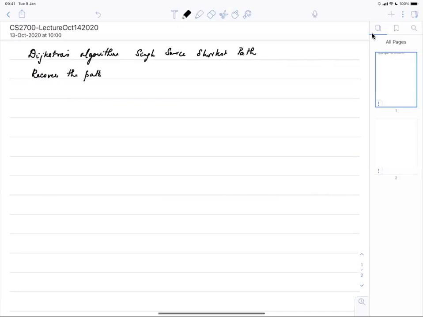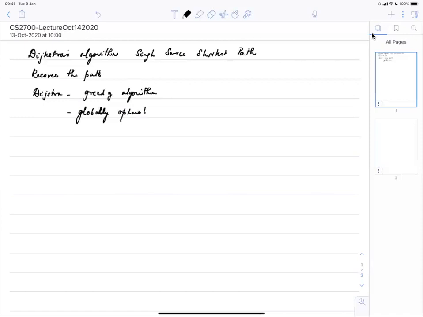And I told you that Dijkstra, although it is a greedy algorithm, is still globally optimal. And today we will see why.